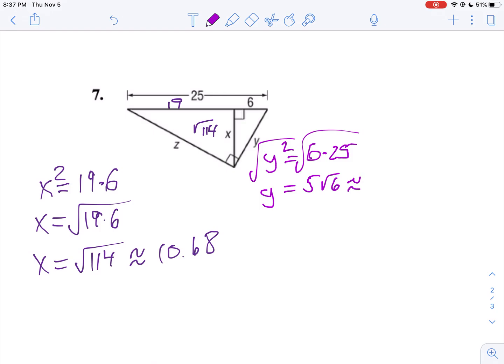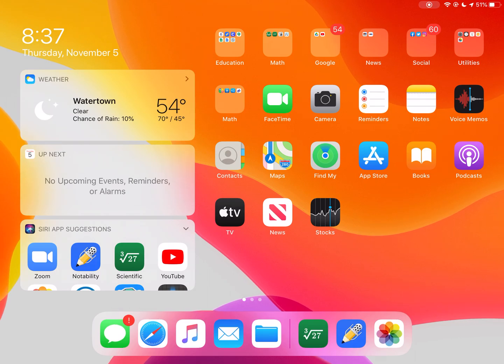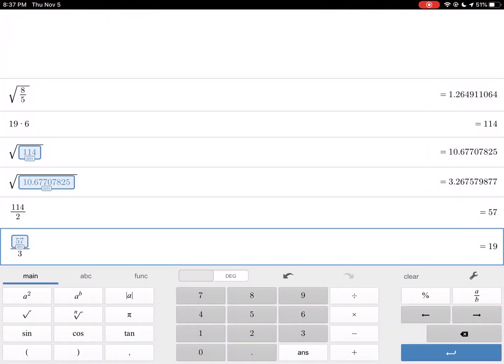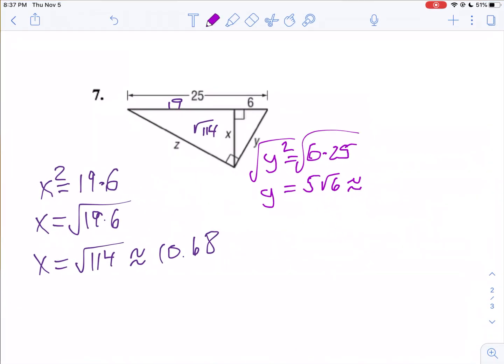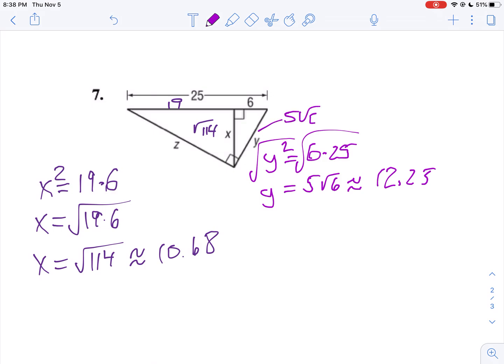And of course, you can write that as a decimal if you want. So if I take 5 times the square root of 6, we get 12.25. So y, we know, is 5 times the square root of 6.